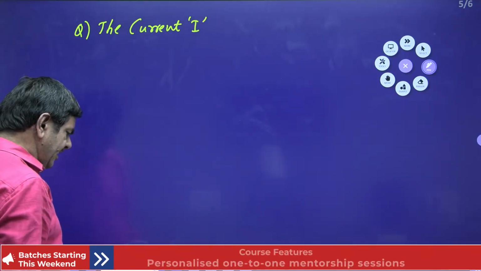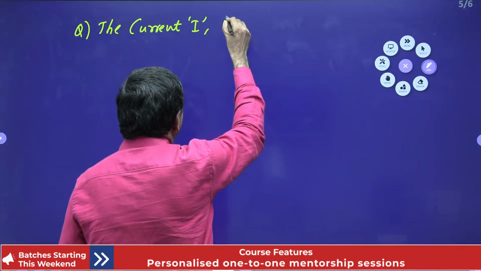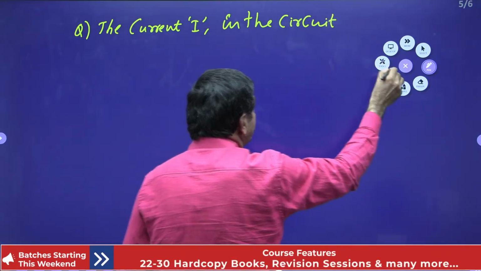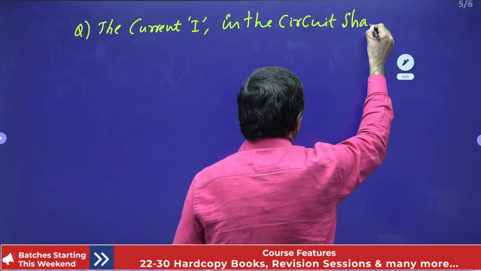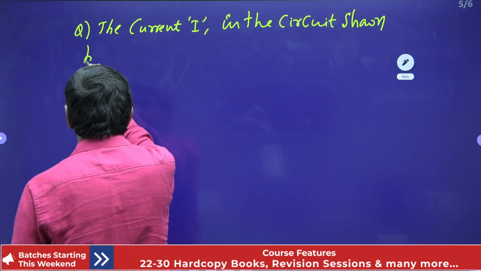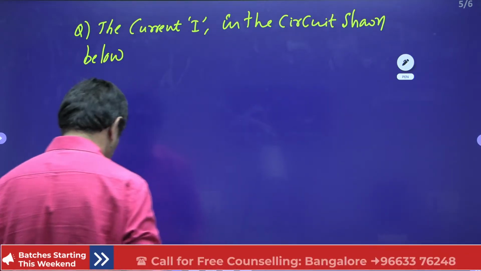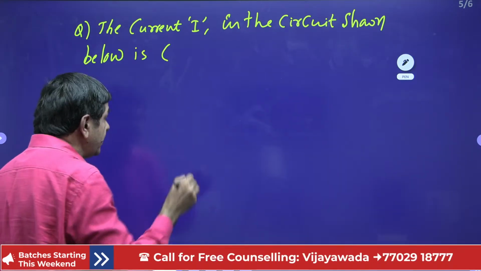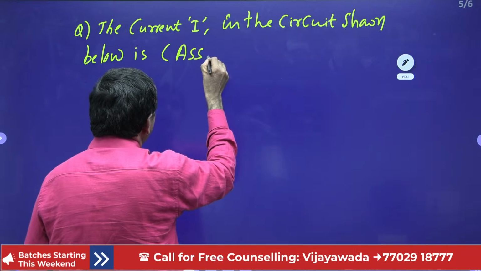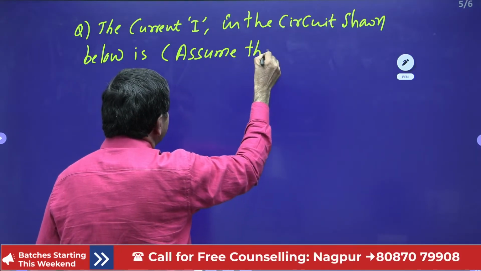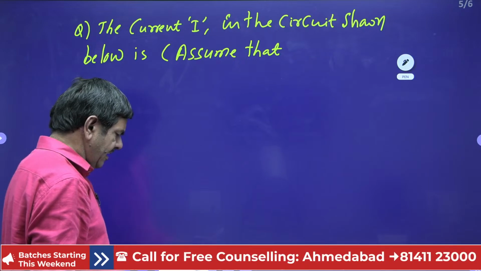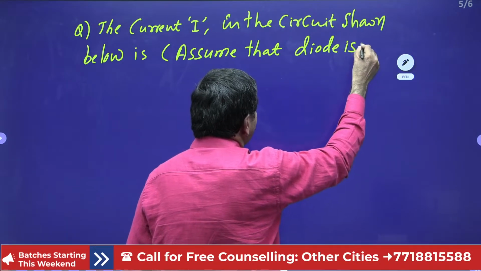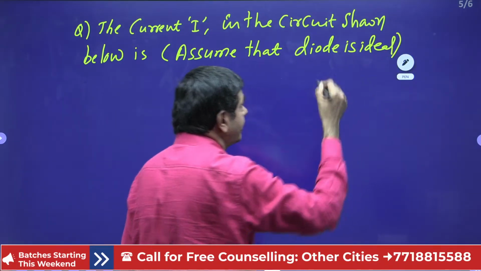In the circuit shown below, in the bracket it is given, assume that diode is ideal. Assume that diode is ideal is given in the problem directly.